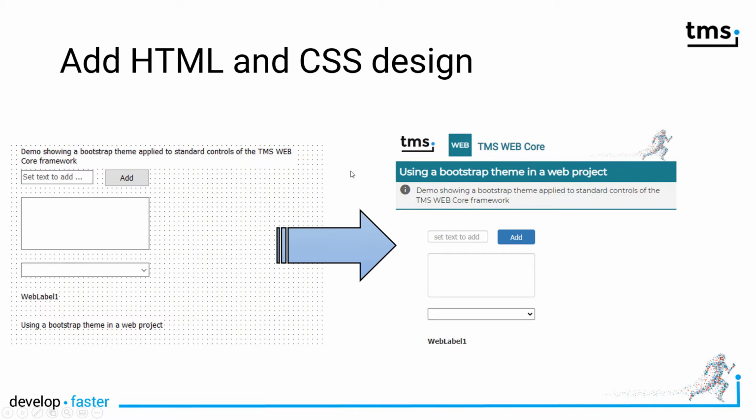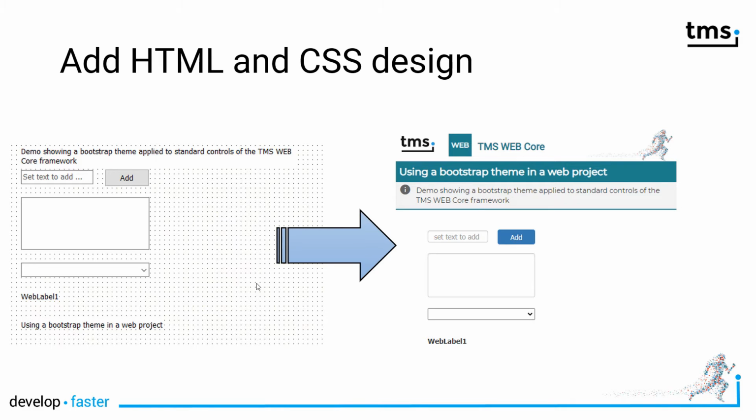This leads us to the second approach that you can take. You still use the form designer primarily, but you add CSS-specific tags to each control. In this example, we add a tag to the button and to the form controls, and you can immediately see that they look familiar because we're all used to the Bootstrap framework.